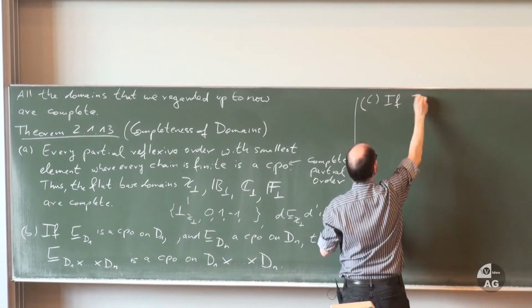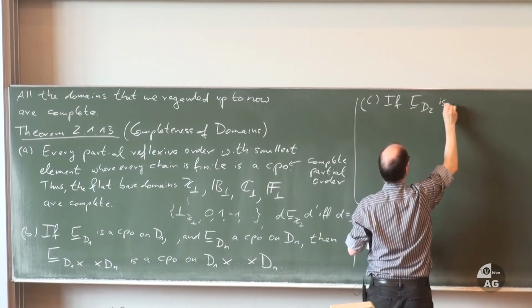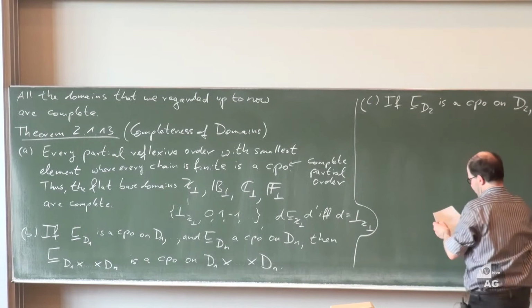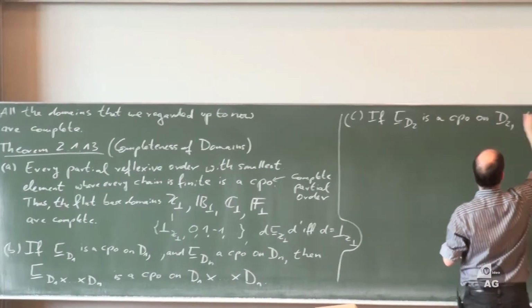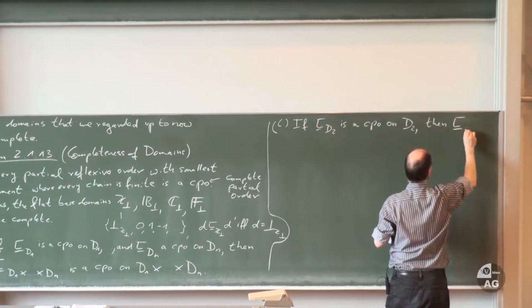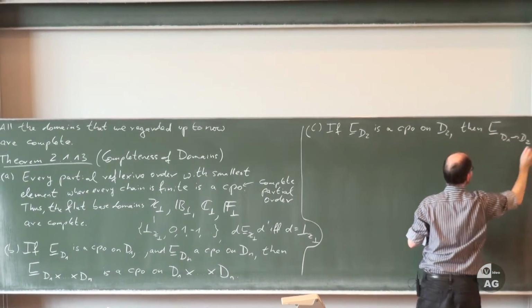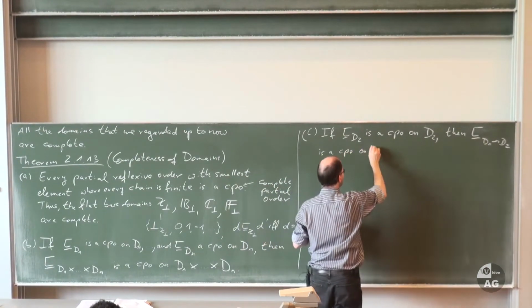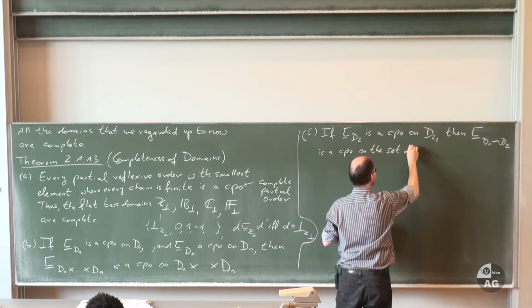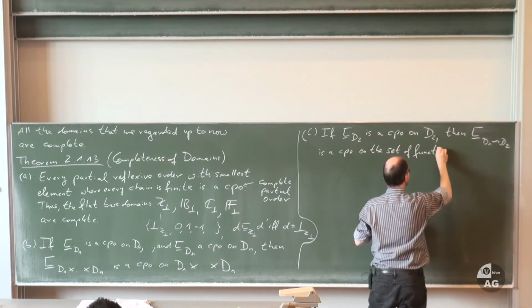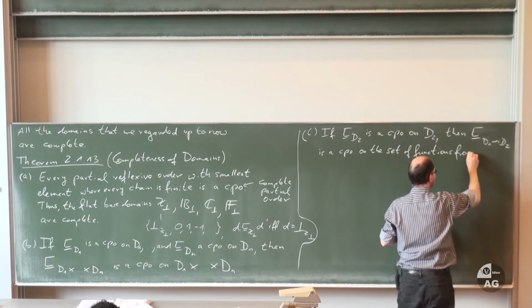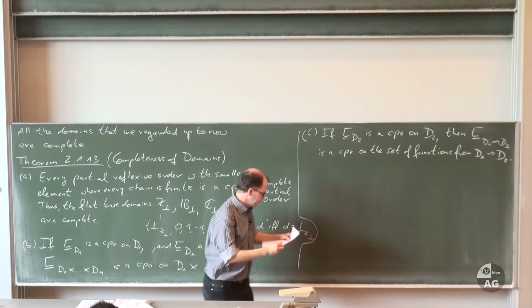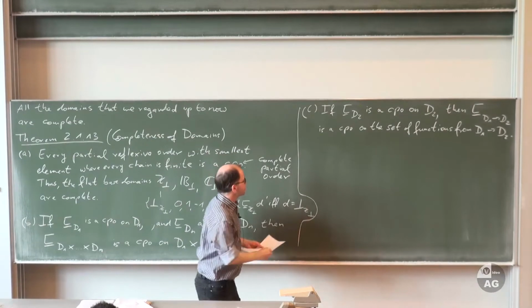Well, if this is complete on D2, then the less defined or equal relation on the functions from D1 to D2 is a CPO on the set of functions from D1 to D2. So everything we looked at is complete. Now let's prove it.